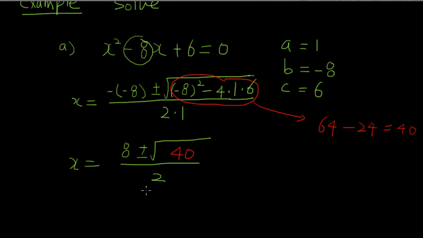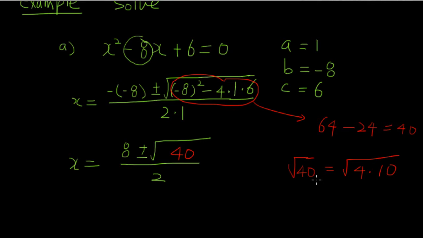Now, if you check our previous lecture, the answer doesn't quite look like this. It looks something else. So let's see how we can simplify this further. Now, let's talk about this square root of 40. Let's set it aside. We can rewrite the square root of 40 as the square root of 4 times 10.